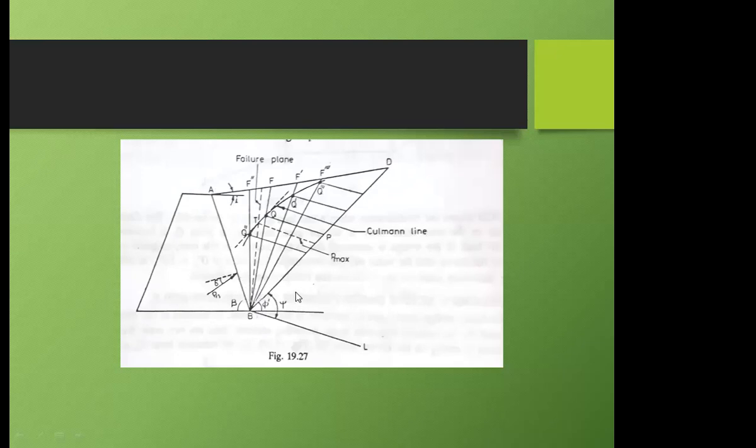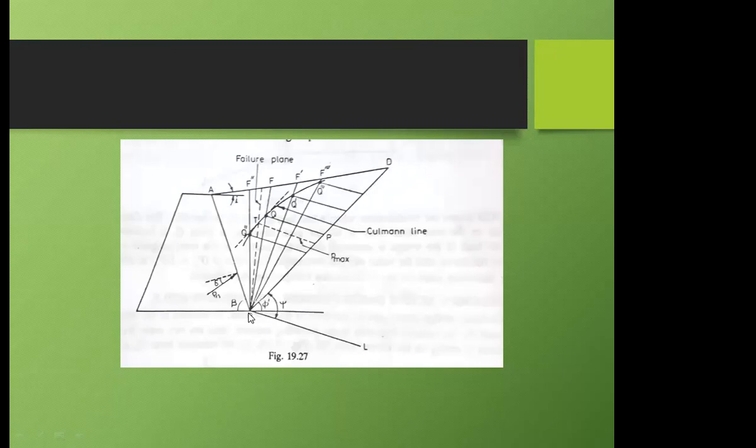So what is that procedure? The first step to draw a Coulomb graph is to draw a line, a BD line, like this. The BD line makes an angle of phi with the horizontal.